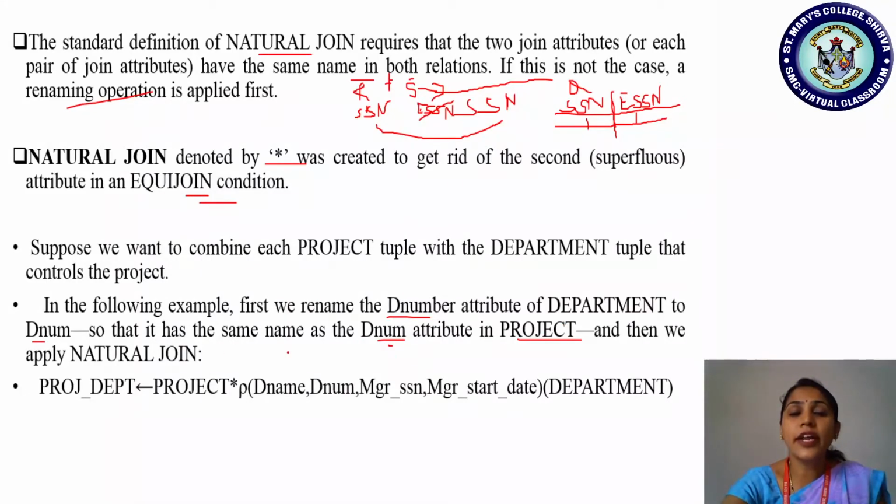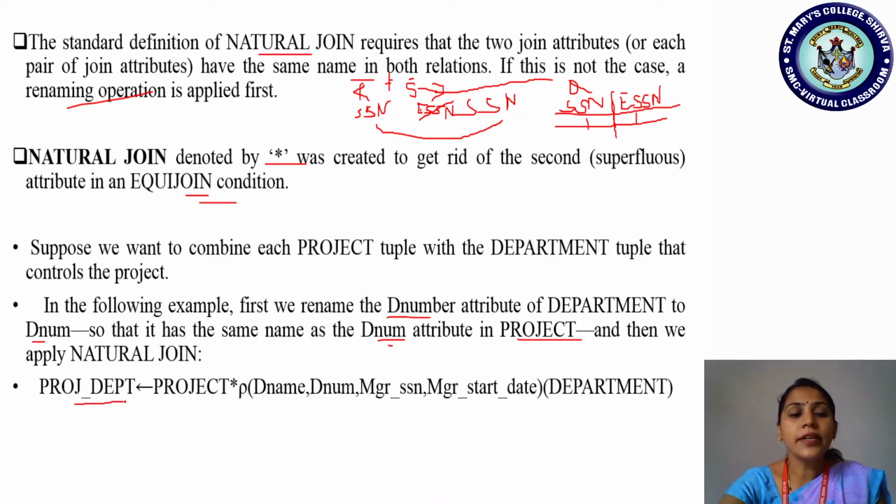So here we are trying to apply the natural join, first making sure that both the relations, project and department, have a common name for the attribute department number. Then after renaming is done, next we apply the natural join. See the last line here.